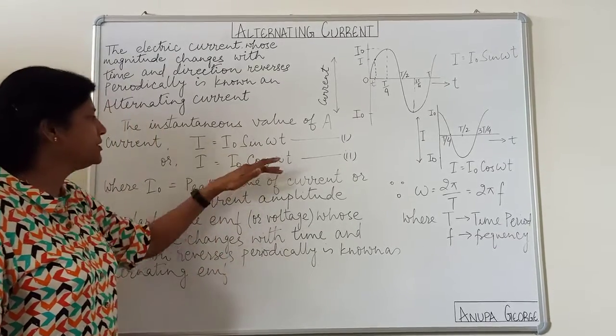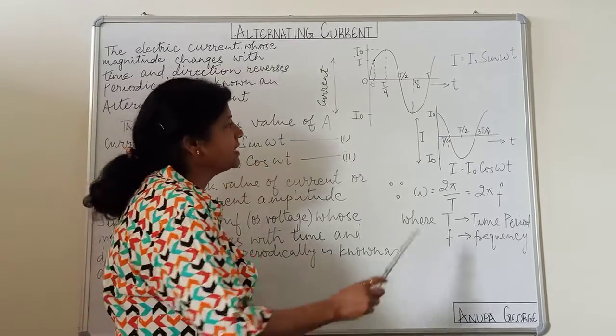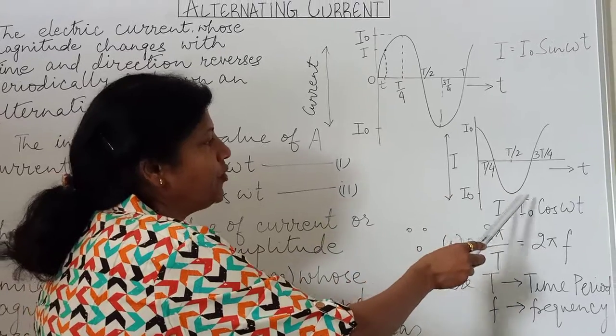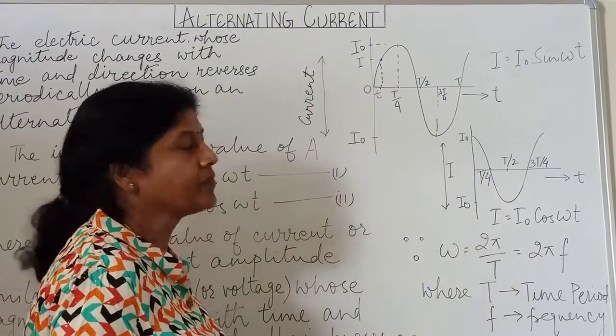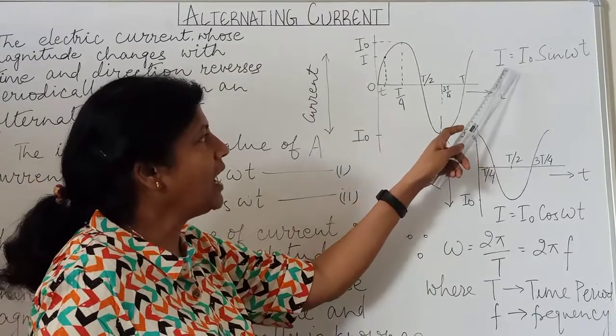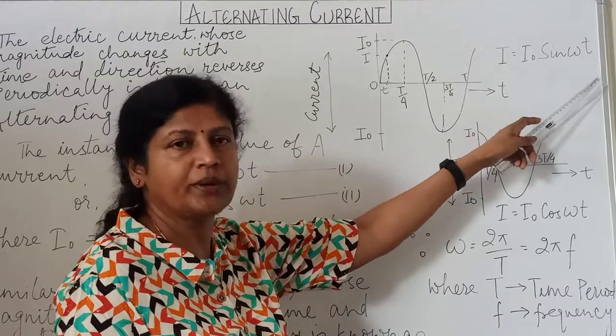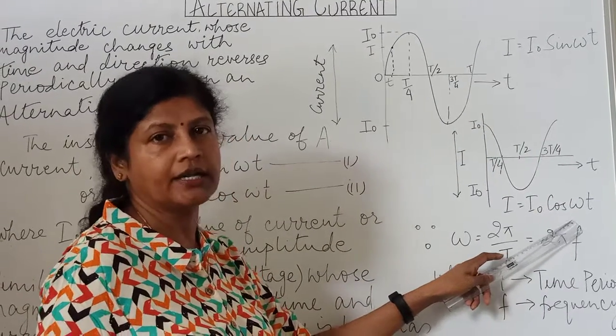If we take the cos function of time, we get this type of graph. So it doesn't matter whether you take I is equal to I naught sine omega t or I is equal to I naught cos omega t.